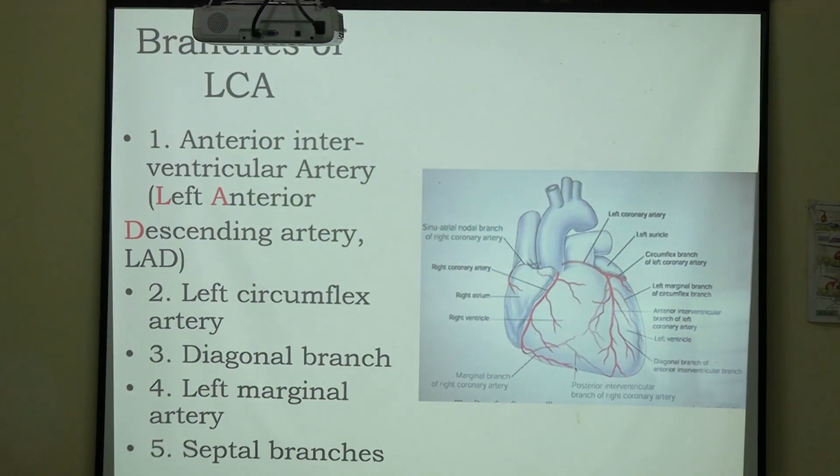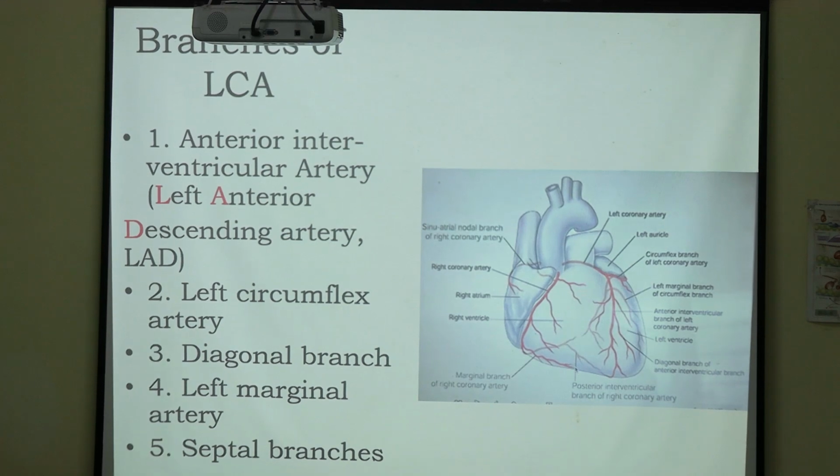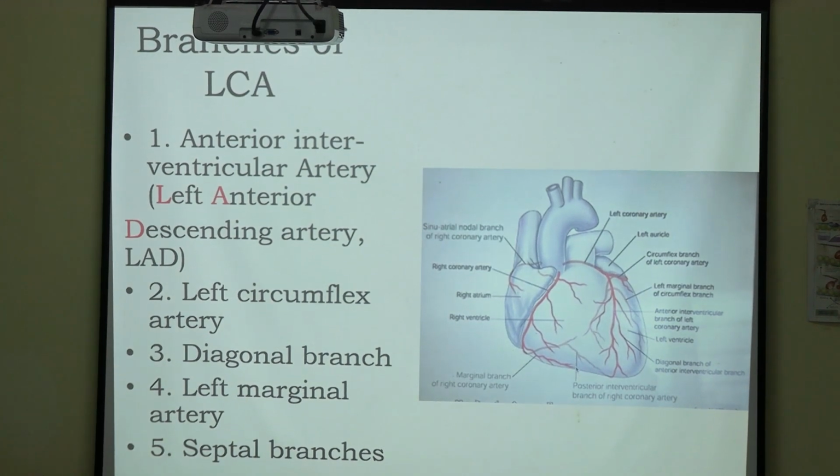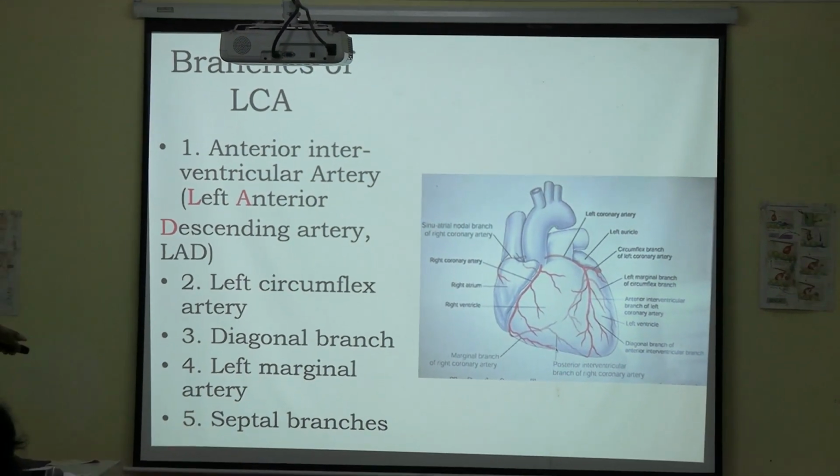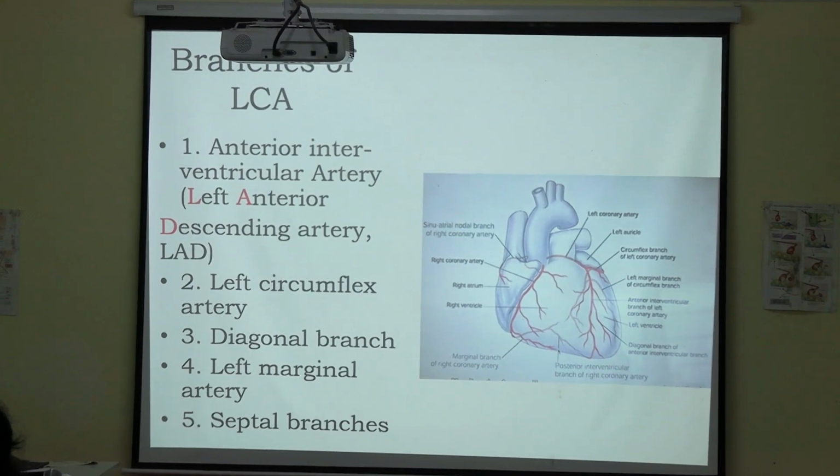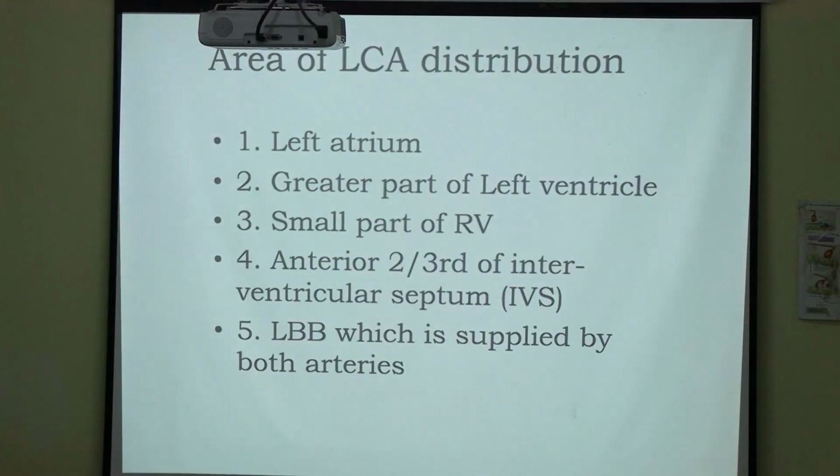So what are the branches? First is the left anterior descending artery, then the left circumflex artery. From the left circumflex artery, the septal artery and left marginal artery will be produced. And the area of distribution: these are the areas distributed by the left coronary artery.